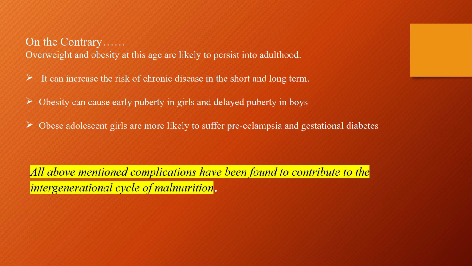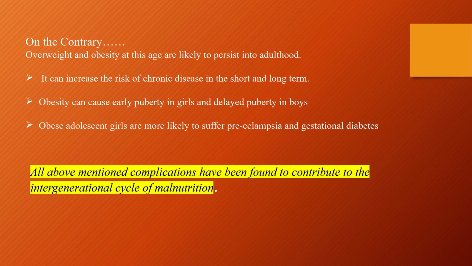One more thing to keep in mind: think about the adolescent girl. If a girl in the adolescent age group is obese, then later in life she may suffer from preeclampsia, especially if she conceives.